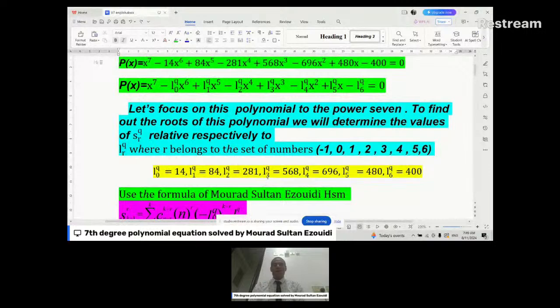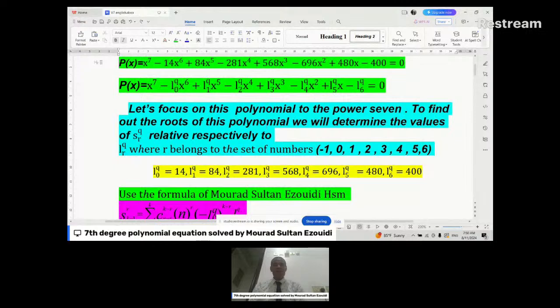L3 is 568, L4 is 696, the opposite of this one, L5 is equal to 480, and L6, sorry, is equal to 400. So this is the seventh degree polynomial equation, simply because the highest power here is 7.